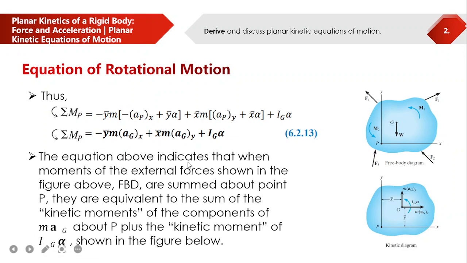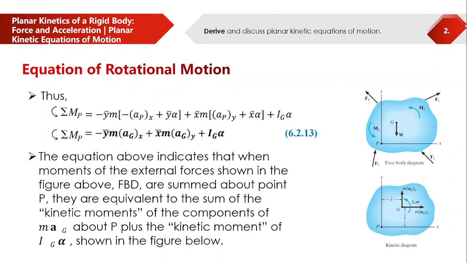So the equation above indicates that when the moments of external forces shown in the figure above, this FBD, are summed about point P, they are equivalent to the sum of the kinetic moments of the components of m times a sub g about P plus the kinetic moment of I sub g times the angular acceleration shown in the figure below.